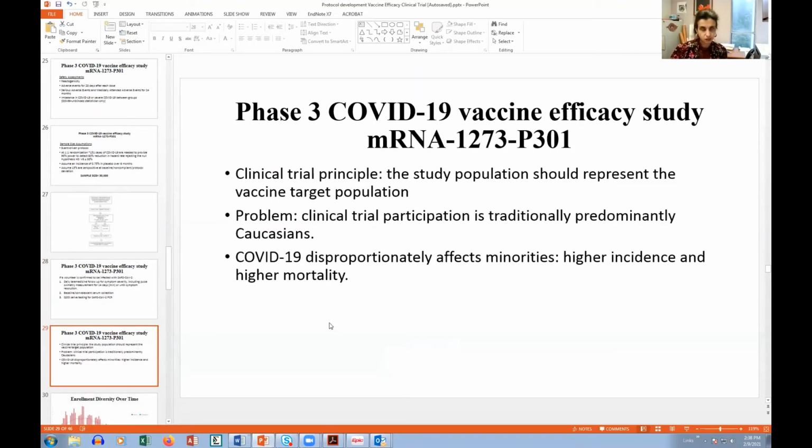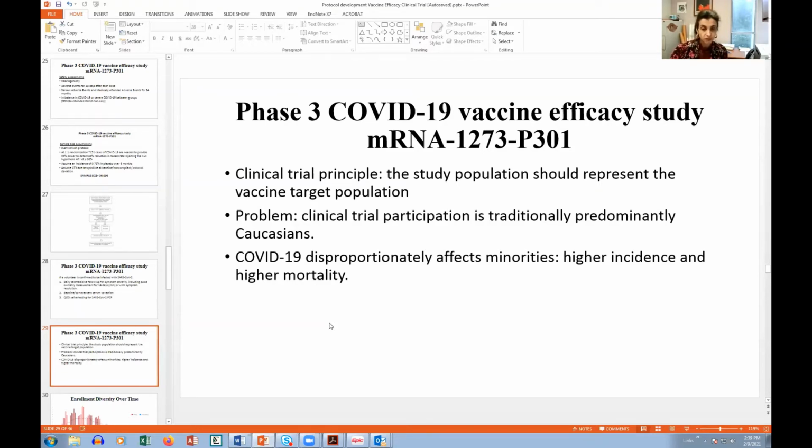The study launched on the 27th of July. The first site was a CRO site somewhere in Georgia, not Atlanta. And one principle in clinical trials is that the study population should represent the vaccine target population.